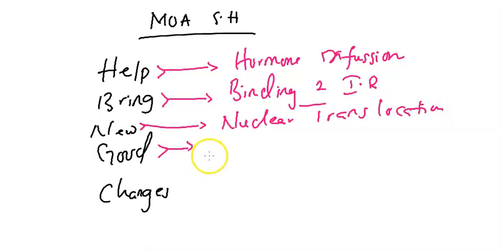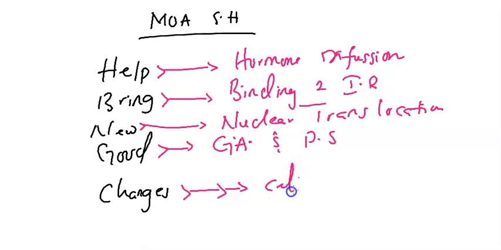And the GOOD simply stands for gene activation and protein synthesis. The C, which is the last but not the least, is cellular response. The cellular response will be the one to have an effect that produces things like growth, the stress response, and so on.